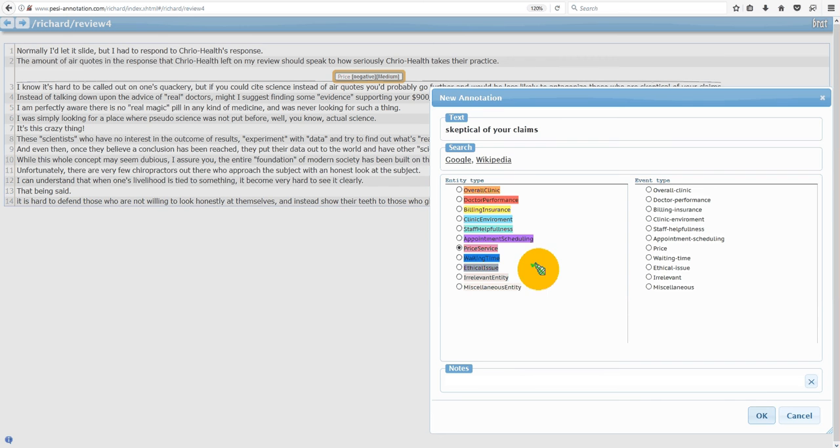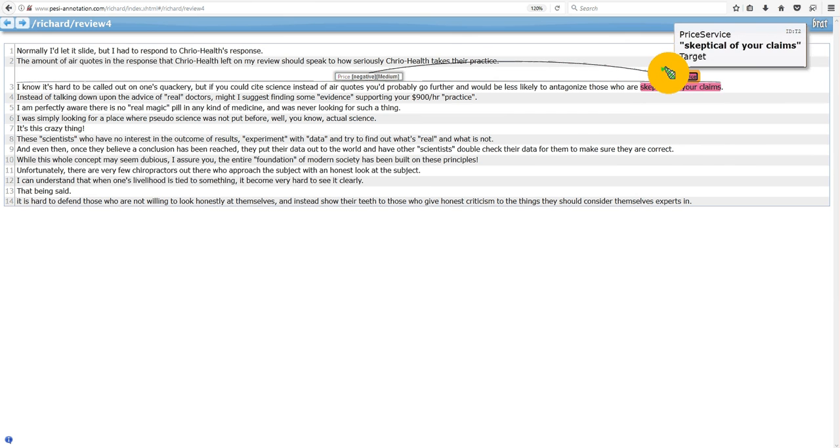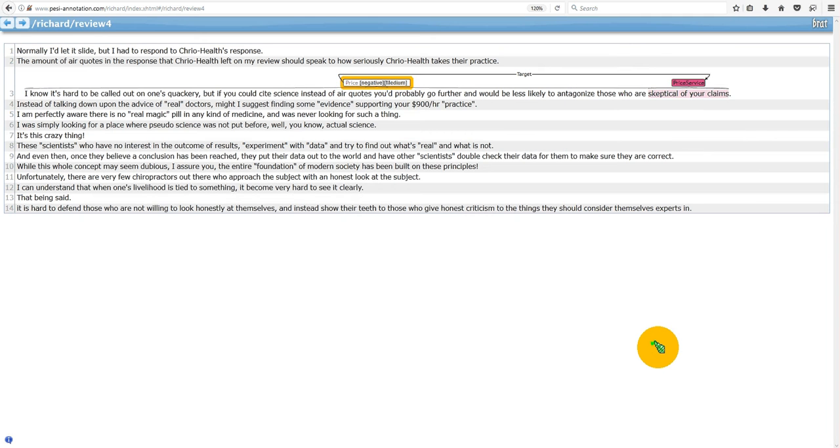The pink color here, click OK. I find this on the sentence or event level, a negative feeling related to this keyword. So I click OK on this annotation. At least that's what I think.